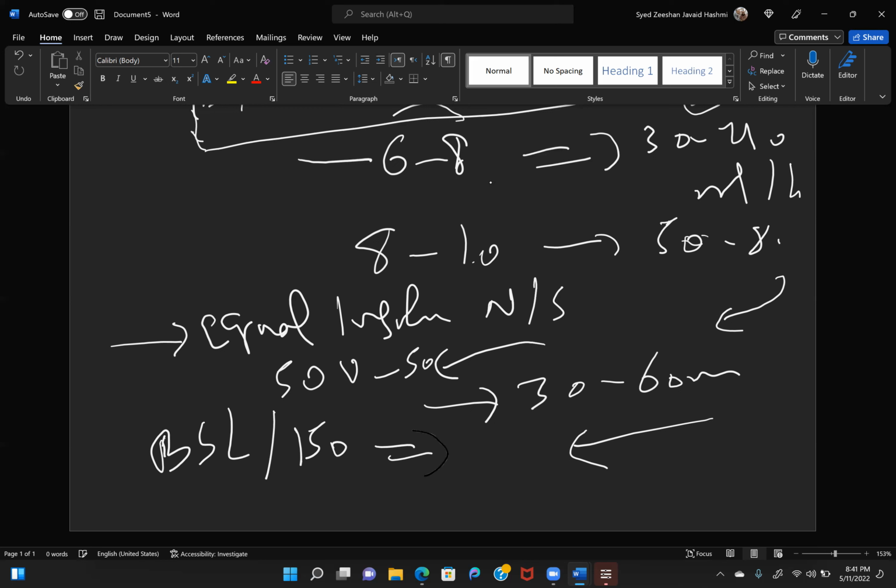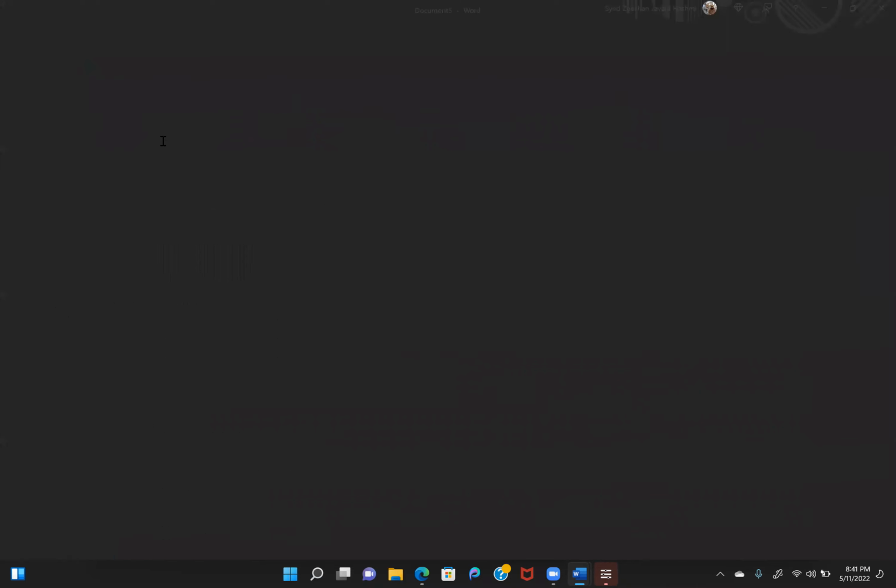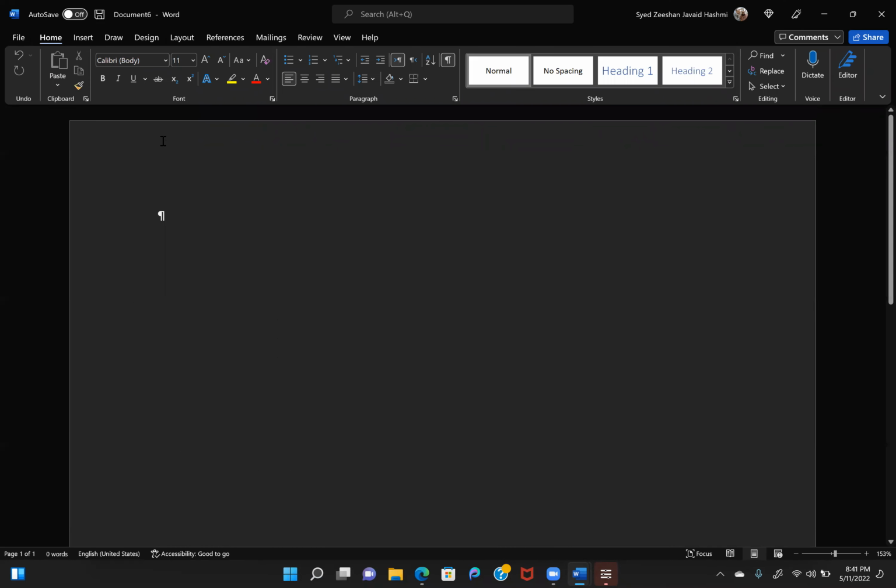So for example, if it is 300, you will be giving 2 units per hour, and you will adjust the rate every 30 to 60 minutes. This is one way. Or another way, actually in good hospitals now they prepare it like this. I will try to show a scheme for it. You also have to adjust the electrolytes. You will be replacing potassium.